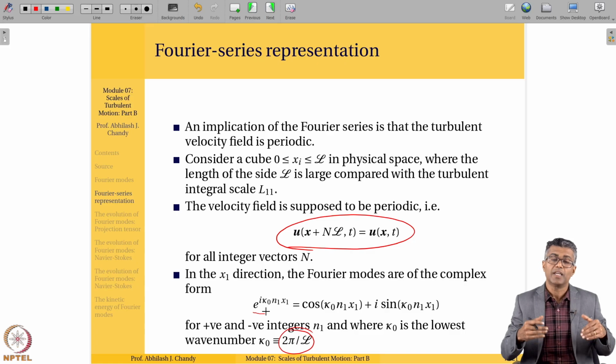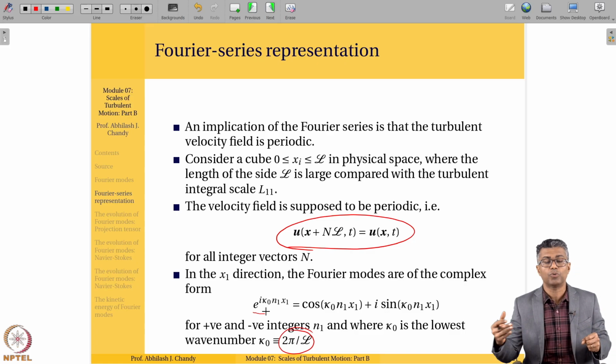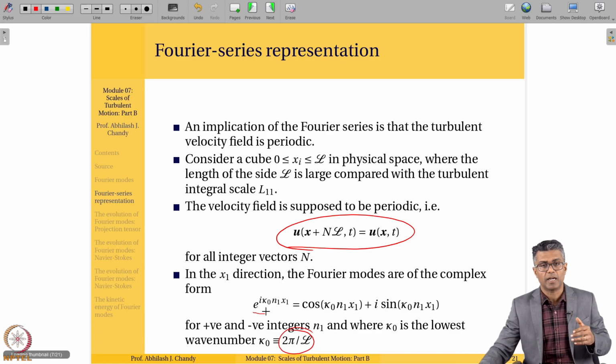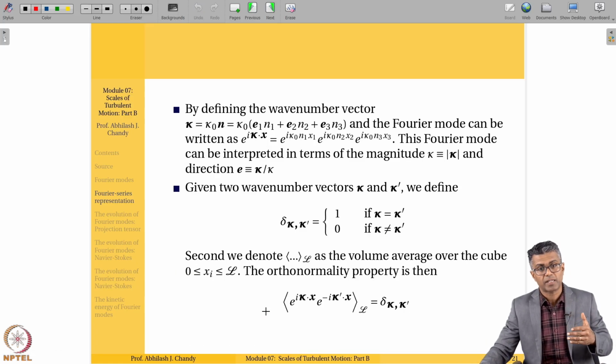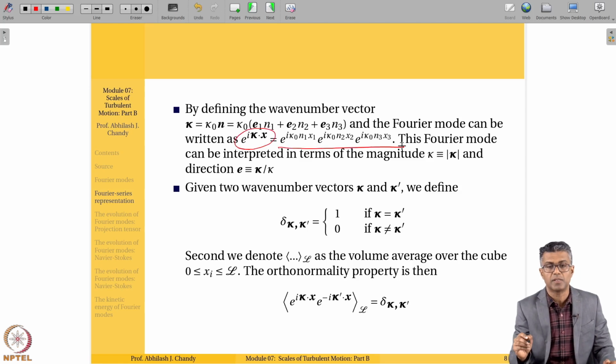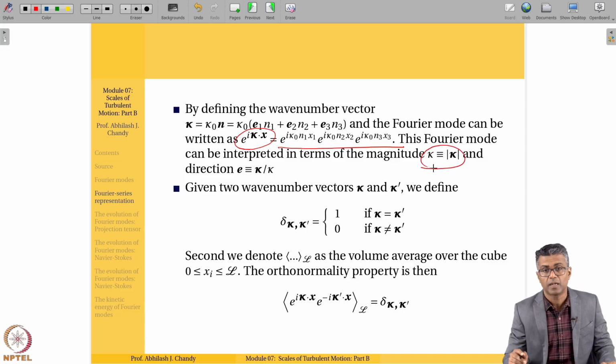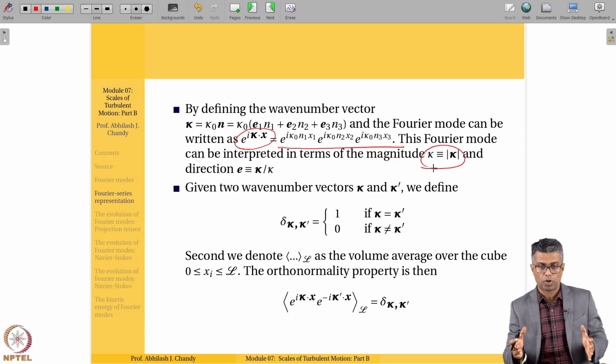Similarly, you would have e to the I kappa naught n2 x2, e to the I kappa naught n3 x3, so on and so forth. And so e to the I kappa dot x is this expression here, e to the I kappa naught n1 x1, e to the I kappa naught n2 x2, and e to the I kappa naught n3 x3, and so on. Okay. And also another thing we defined was that the wave number magnitude is the modulus of kappa.